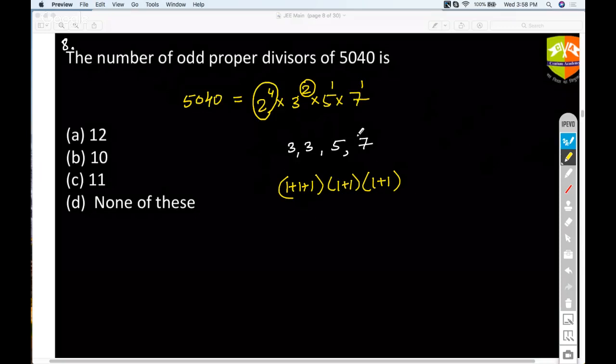But if you don't select any of them, you are actually selecting 1, and that's not a proper divisor. So I have to subtract a 1. So the answer is going to be 3 into 2 into 2 minus 1. That's going to be 11, and that's going to be option C. That's correct.